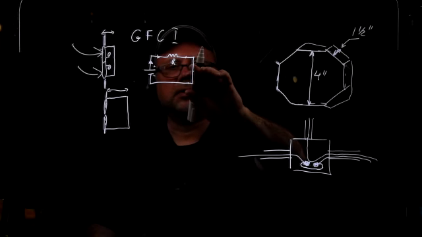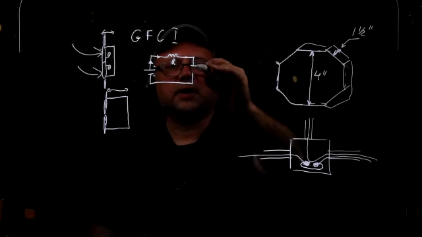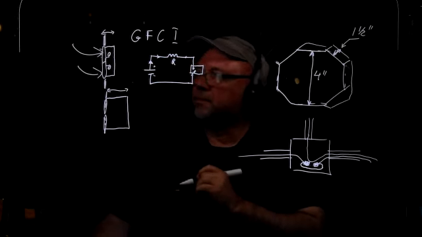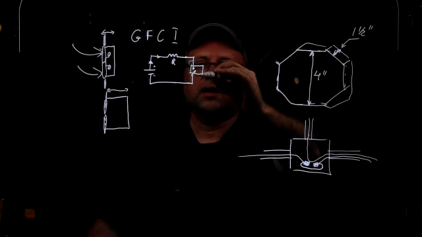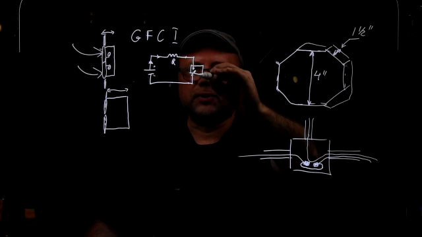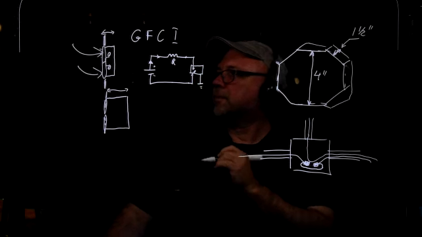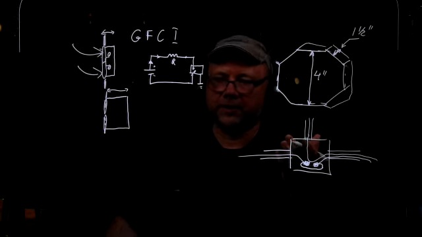Let's say you're going to have whatever device here, right? And this device is going to have some connections inside. And also the chassis or the housing of this device is going to be grounded, or bonded.